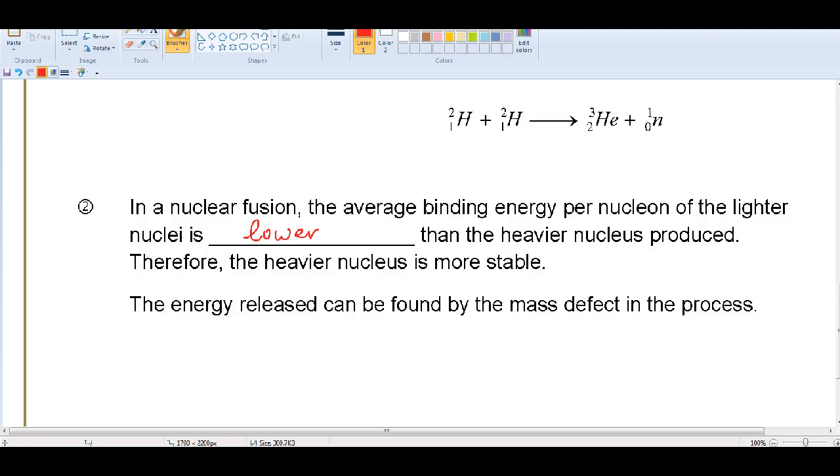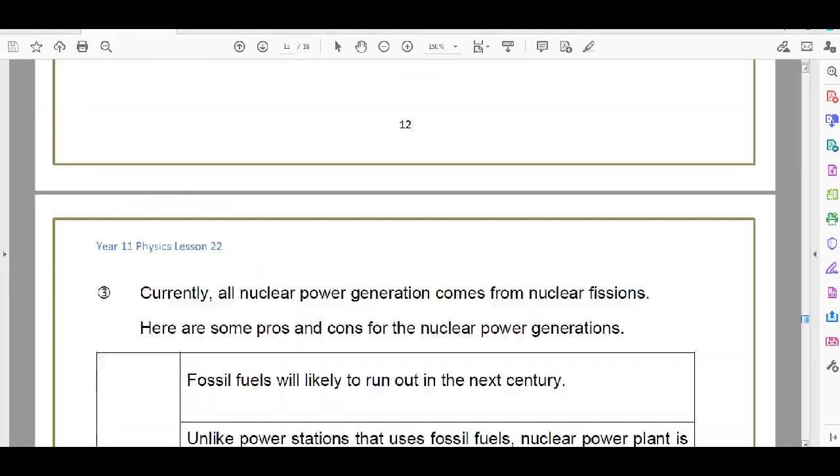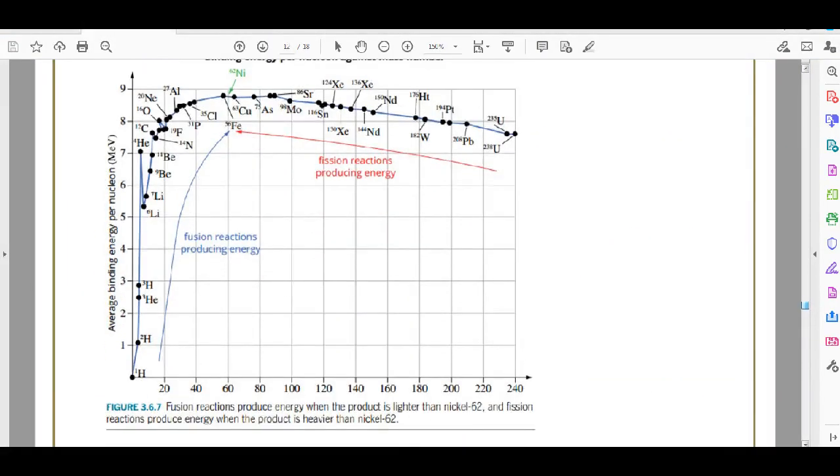All right, so we can justify this by looking at the chart here. For lighter nuclei, you can see hydrogen-2 over there, on the other end of the chart. You see it's pretty low.